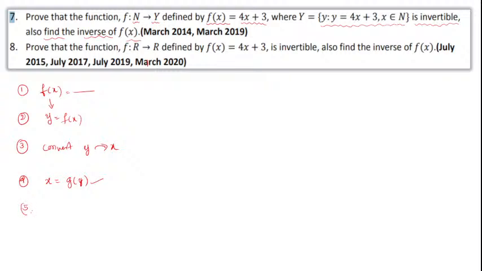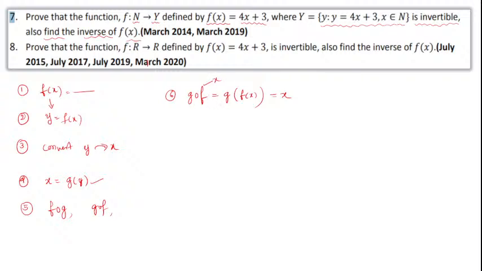And in the fifth step, you have to find the fog function and the gof value. First, gof can be written as g of f of x. You have to show that gof is always equal to x, because f is always connected with x.